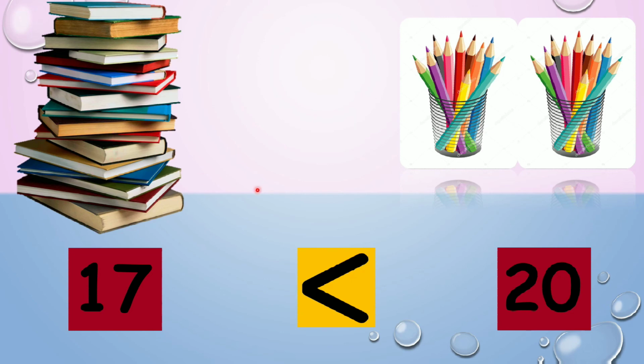The stack of books is less than the number of colored pencils because the number of books stacked are 17 and the number of colored pencils all together are 20. When you look at the number 17 and you look at the number 20, 17 is obviously less than 20.